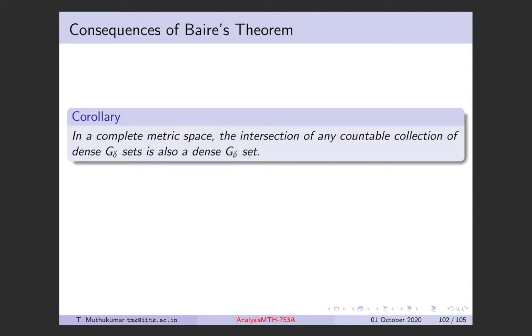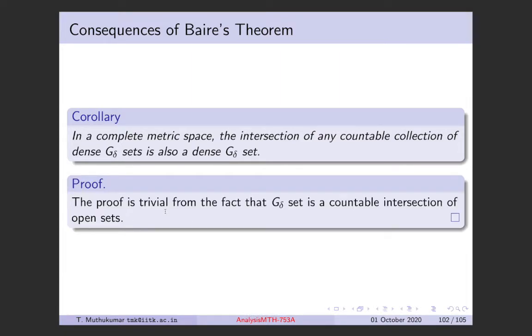So if you have a dense G delta set, then they are dense open sets. So you actually have that this is a countable intersection of open dense sets, right? So this has to be dense by the Baire category theorem.